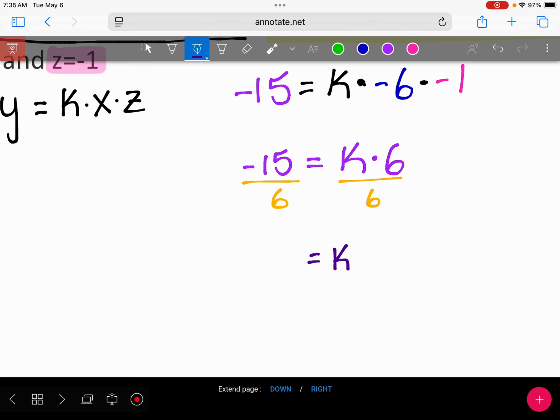As a fraction, they're both divisible by 3, so we'd get negative 5 halves. If you want to do it as a decimal, that is absolutely valid, so it'd be negative 2.5. You can absolutely do these with decimals.